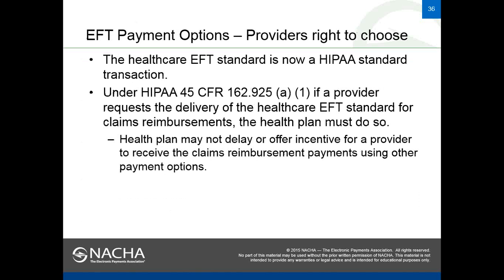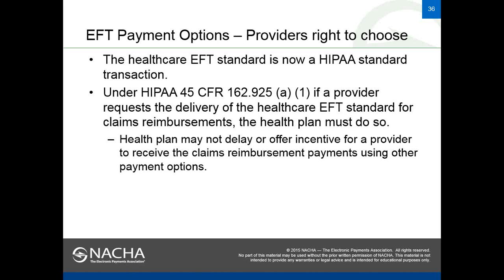Going to the next slide, one of the things that we need to make sure that you're aware of is that it is a provider's right to choose how they receive their claims reimbursement payments. Under HIPAA, the provider has the choice of how they want to receive payments, and it's important that they understand their rights and exercise those rights.